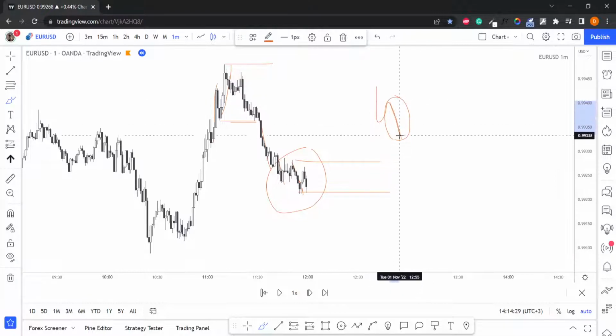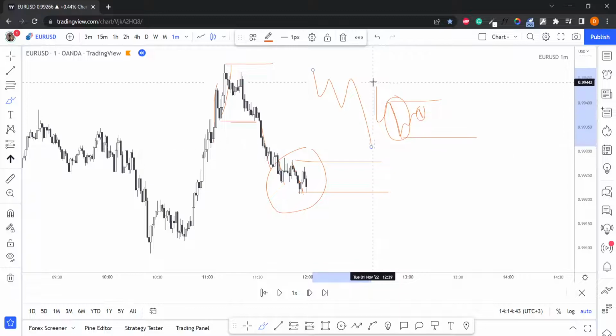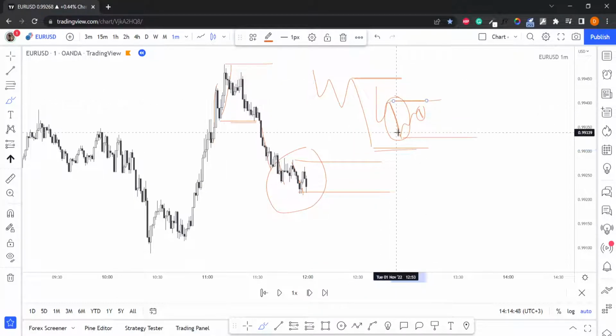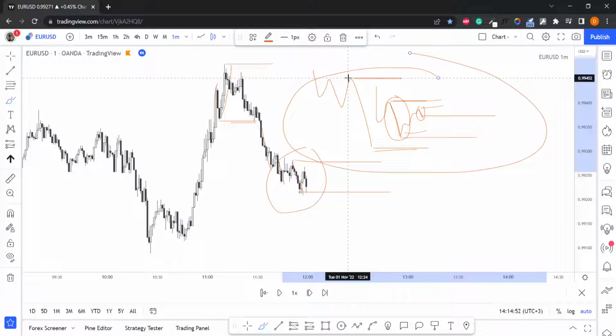Actually, it looks like a push and then a pullback, but now 1 minute shifted. So 1 minute shifted here, bearish inside of this, and daily also bearish. Okay, so bearish daily, bearish 1 hour, bearish 1 minute. You take screenshots and send them to me.